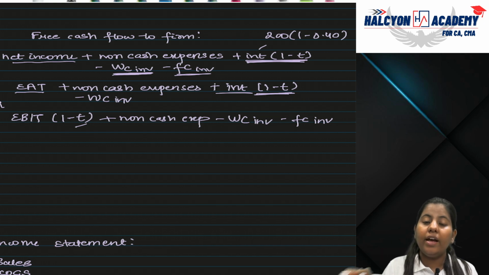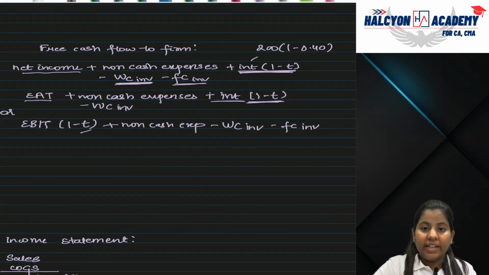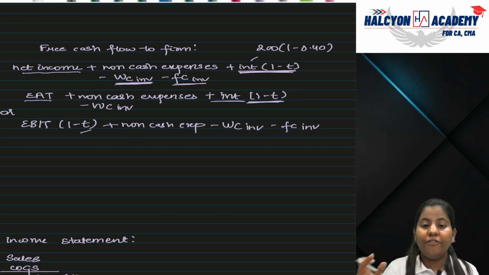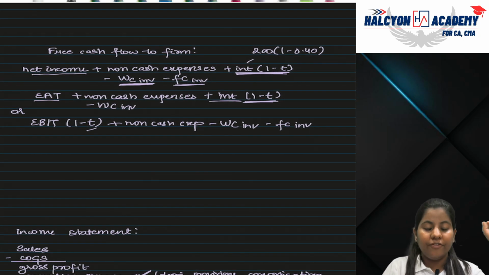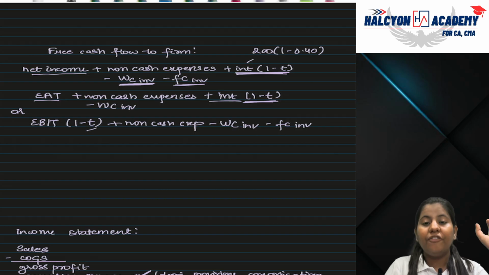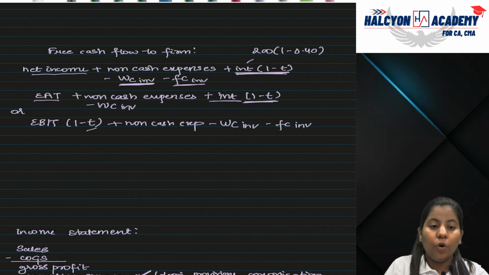In EAT interest is already deducted, so we have to add it back. Minus working capital investment. If we have invested in working capital, we have to deduct it also, because there is cash outflow. Then fixed capital investment, because here also there is cash outflow.